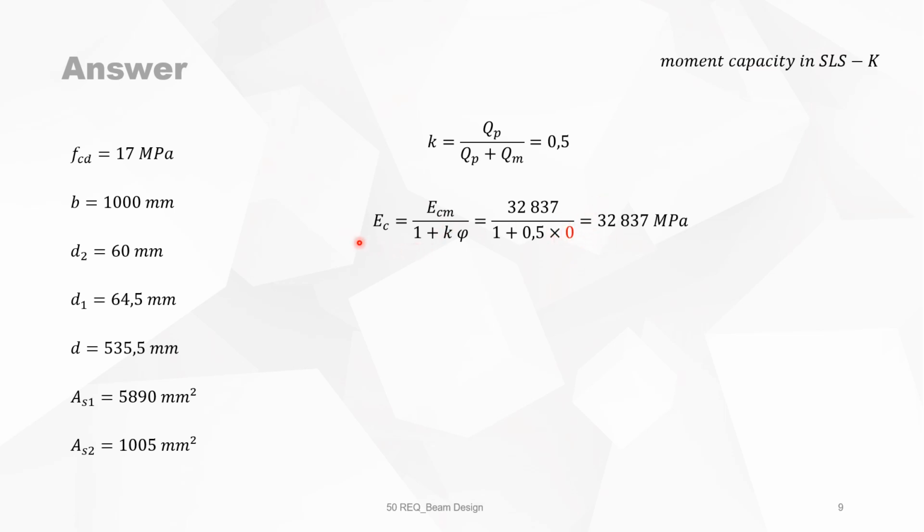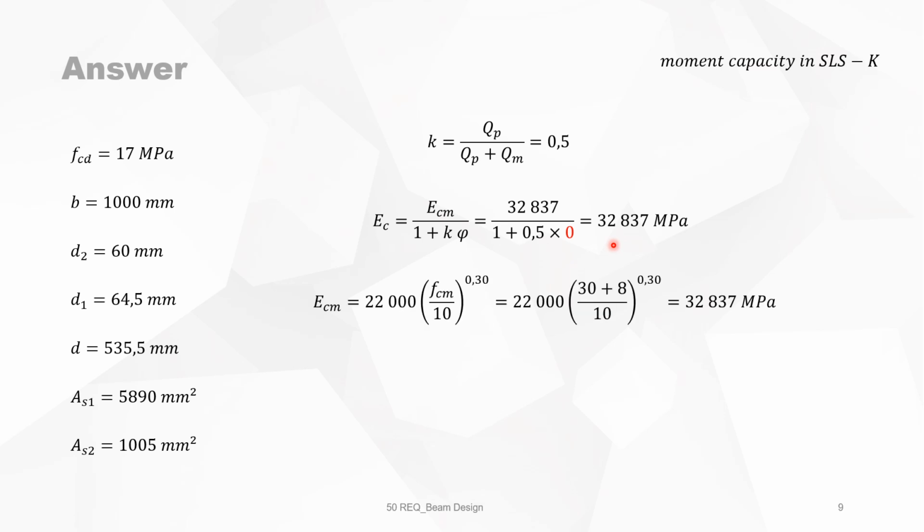So it gives you a modulus of elasticity of 32,837. Okay, this is how we calculated the mean value of the modulus of elasticity of concrete.